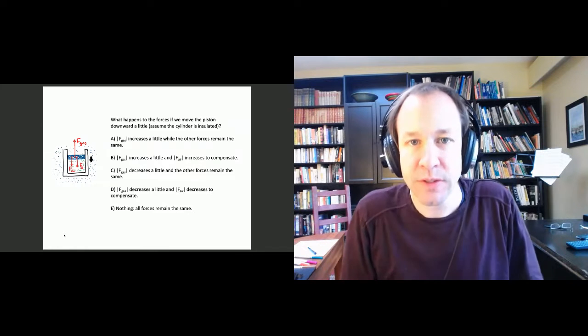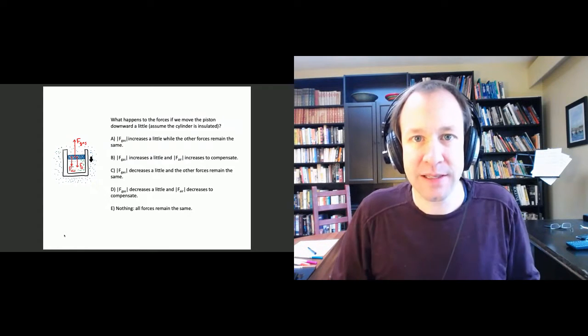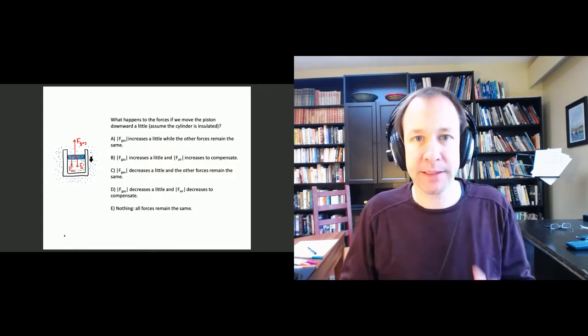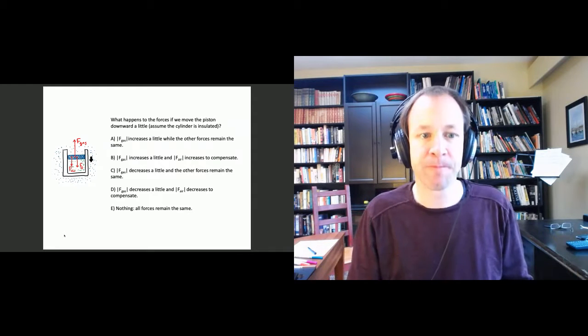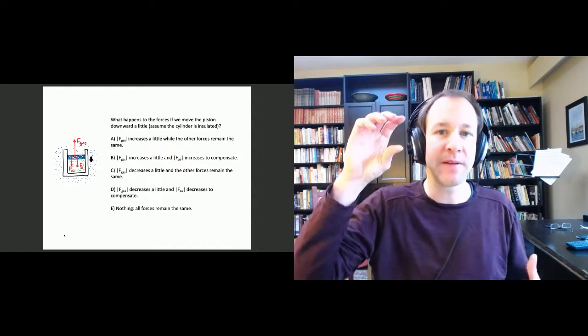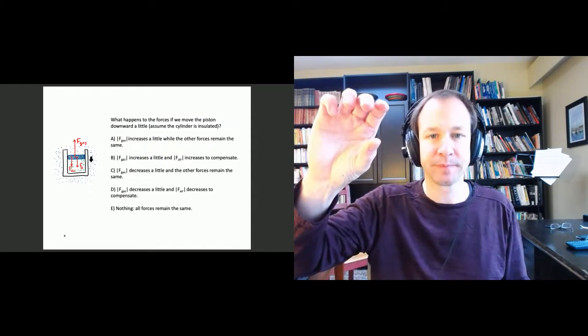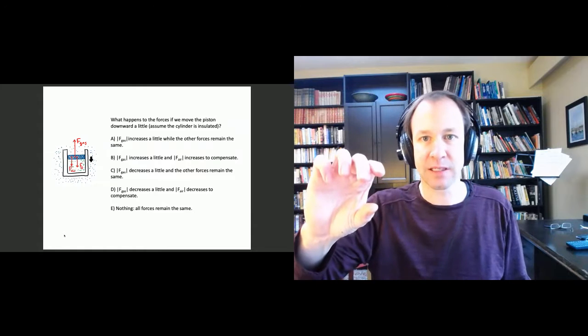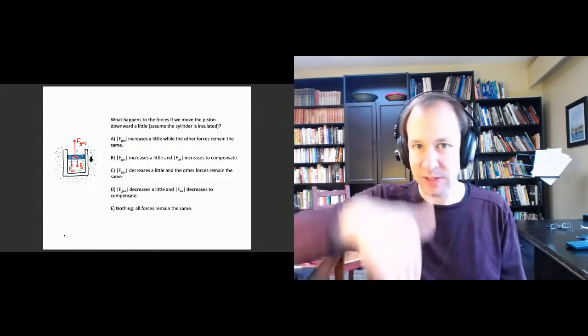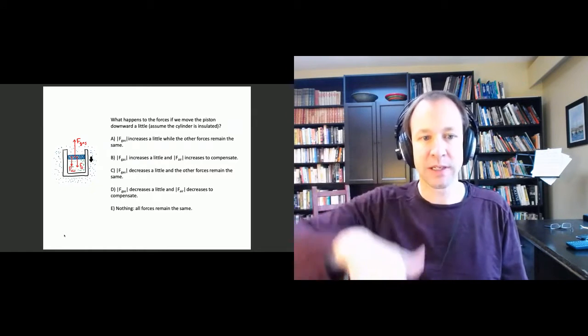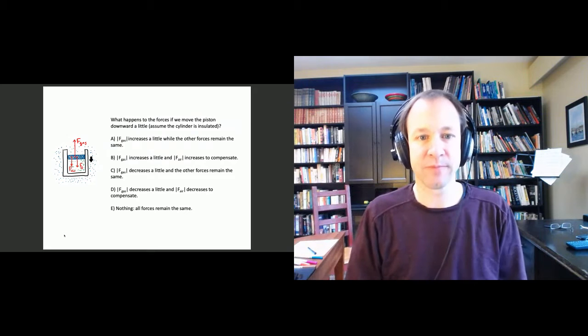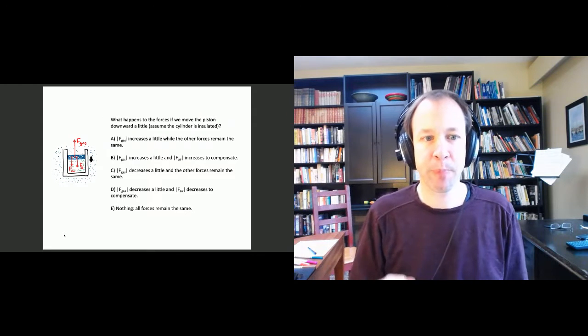Okay, so hopefully you've had a chance to think about that. Let's talk about these forces in turn. Maybe starting with the force of gravity. If I move the piston down a little bit, it's still m times g downward. So the force of gravity doesn't really change. It remains the same.